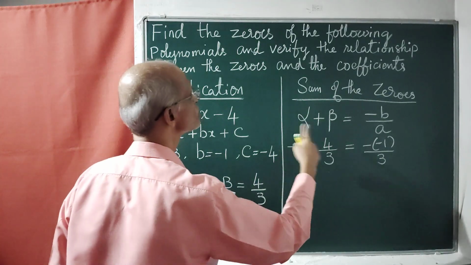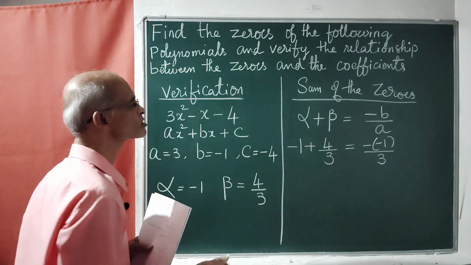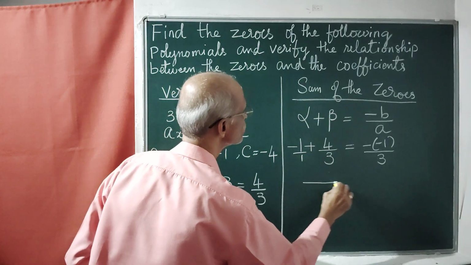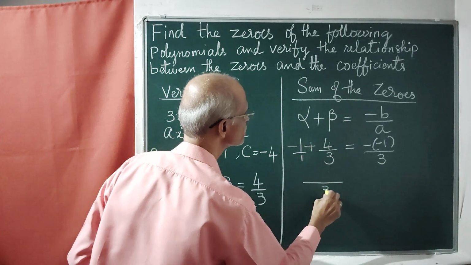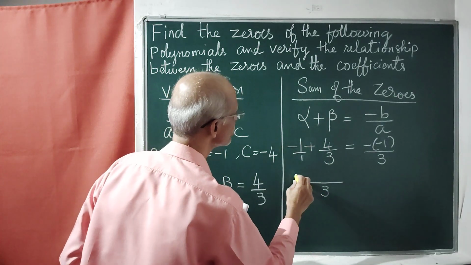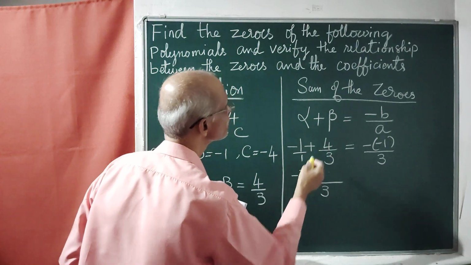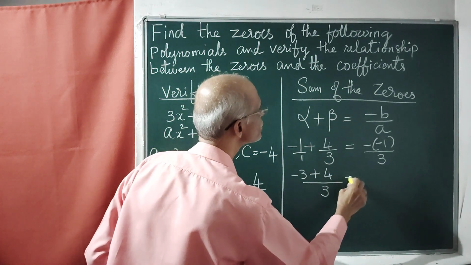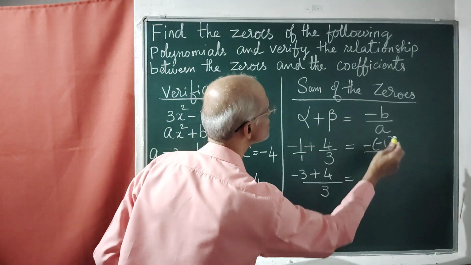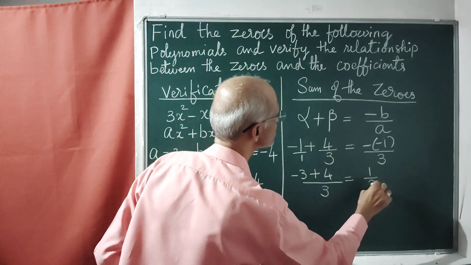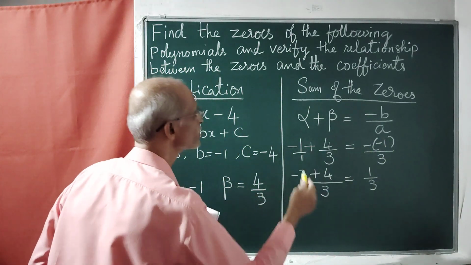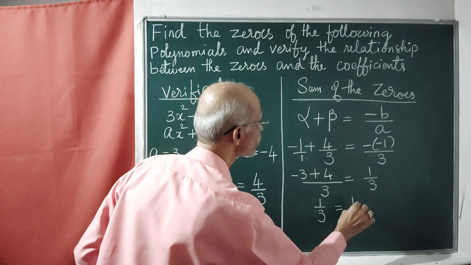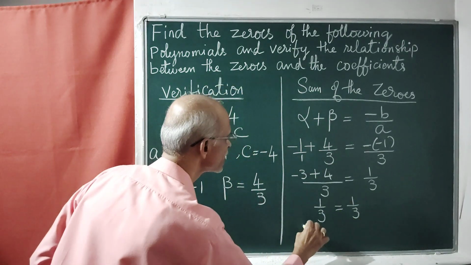Now we will solve this fraction by means of cross multiplication. 1 3s are 3, 1 3s are minus 3, 4 1s are 4. Minus into minus is plus. So when I solve it, I'll get 1 by 3. That's equal to 1 by 3.